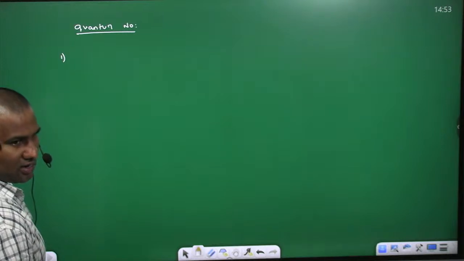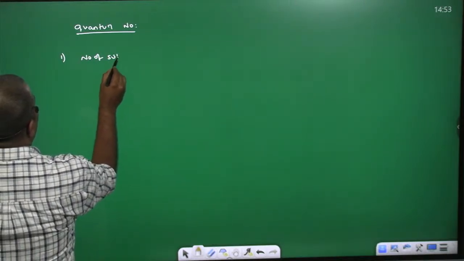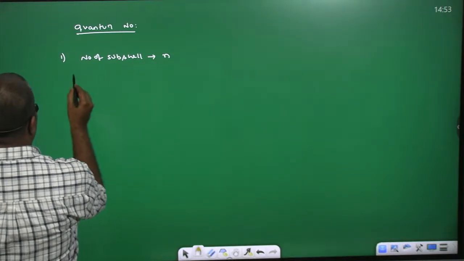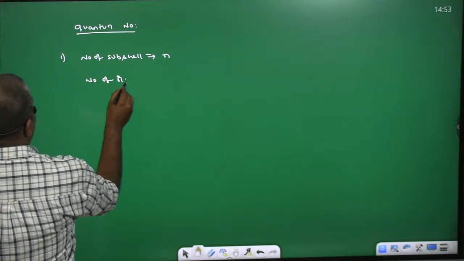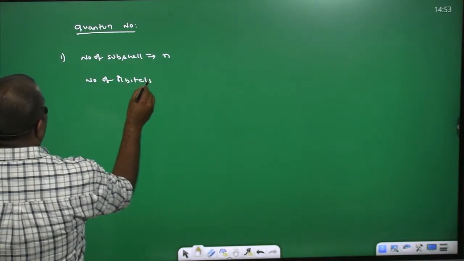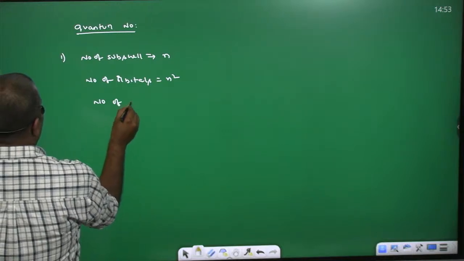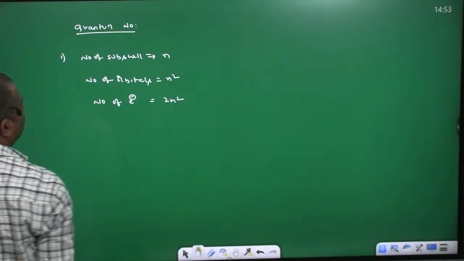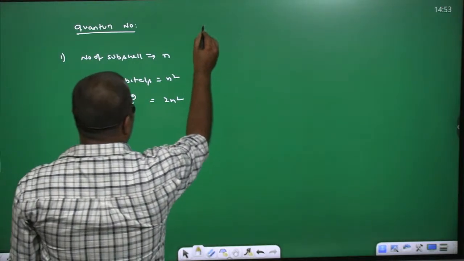Based on that, a shell contains subshells, and the number of subshells is n. The number of orbitals in any shell equals n square. The number of electrons in a shell equals 2n square. That is for the principal quantum number.